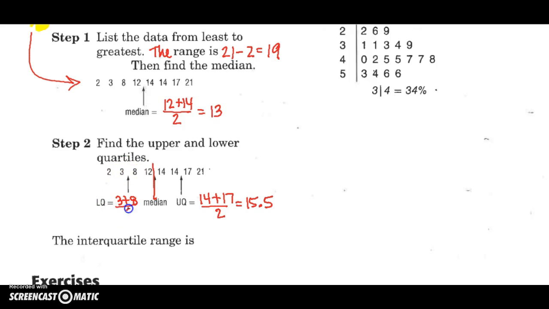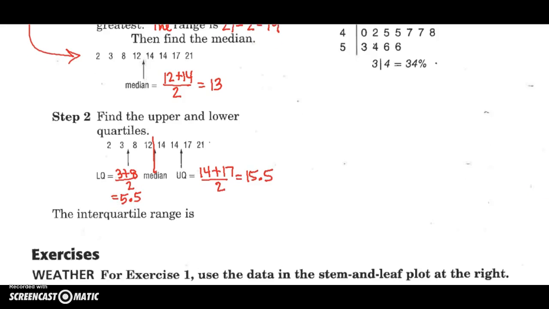So add those and divide by 2, and that gives us about 5.5. So that's the upper quartile and the lower quartile. So to find the interquartile range, the IQ is the upper quartile minus the lower quartile. So 15.5 minus 5.5 is going to give us an interquartile range of 10.